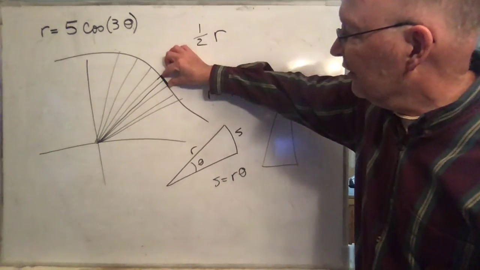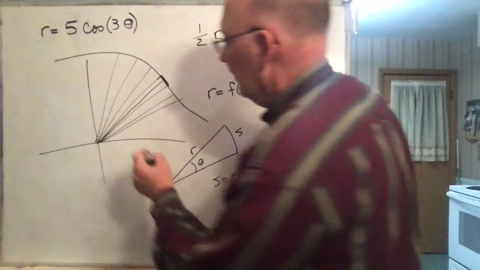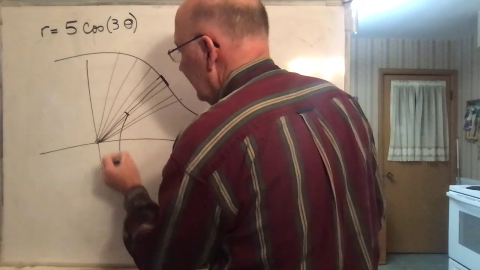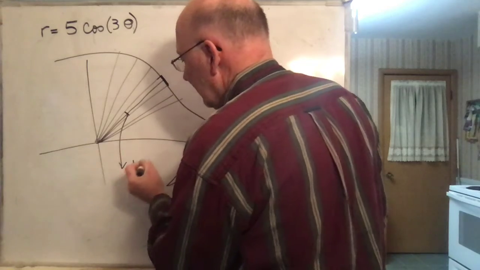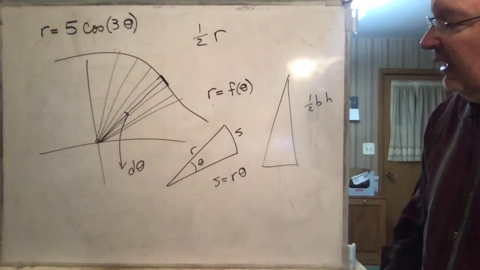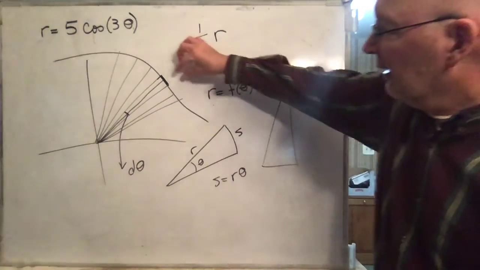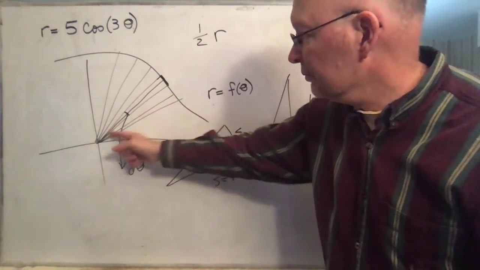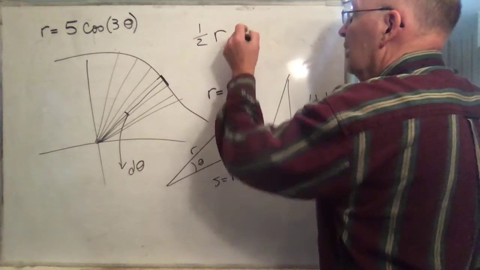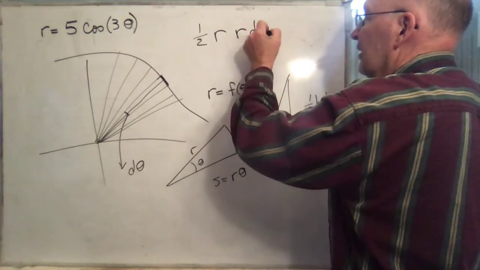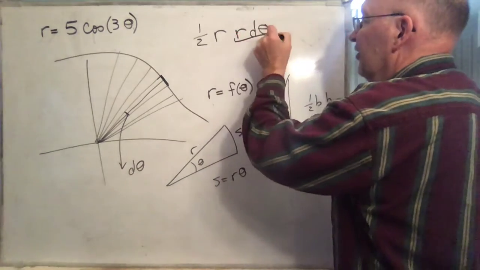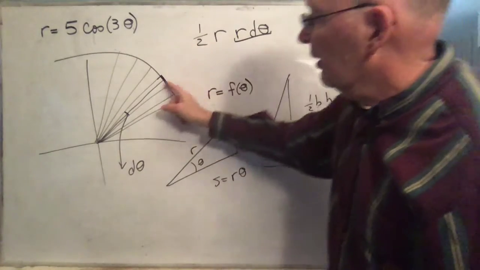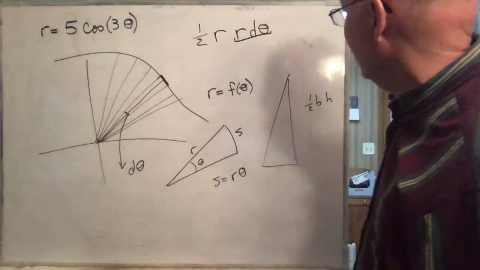So this little distance right there, if this is a tiny little d theta, a tiny little change in theta, then this distance right here is going to be r times that little d theta. And so this is the length of the base, this is your height, and then there's your 1/2.